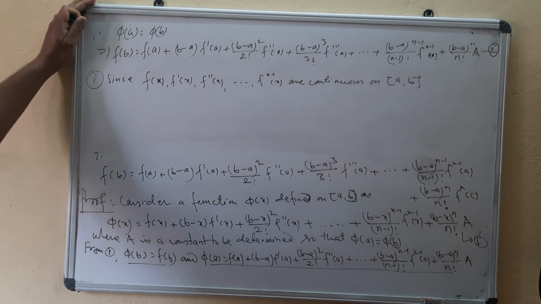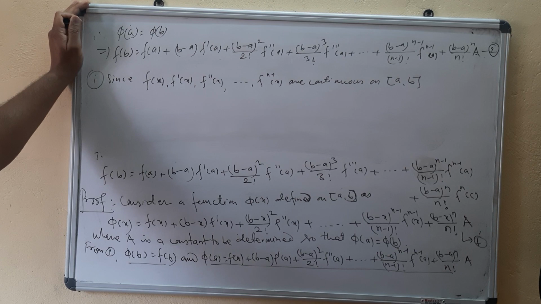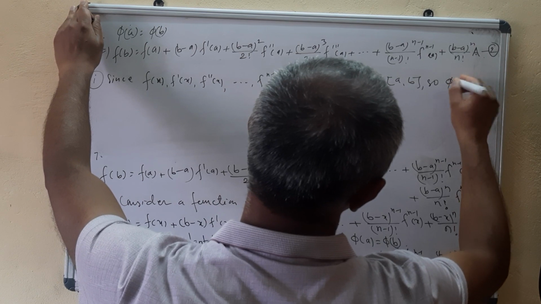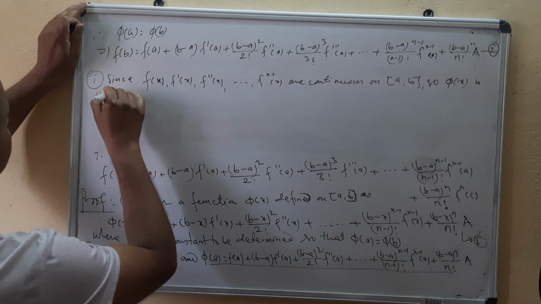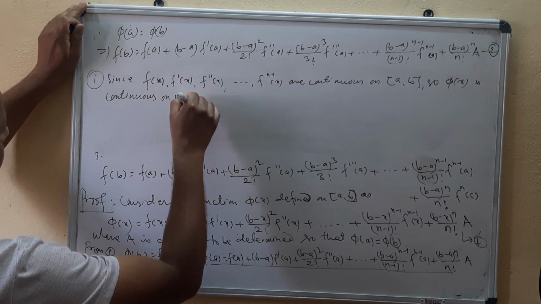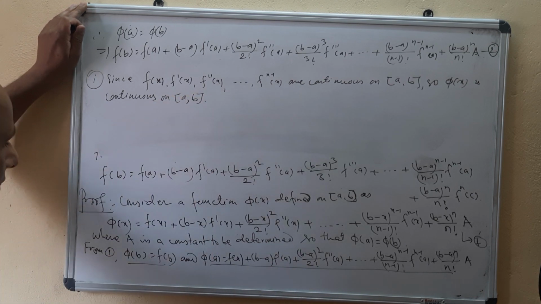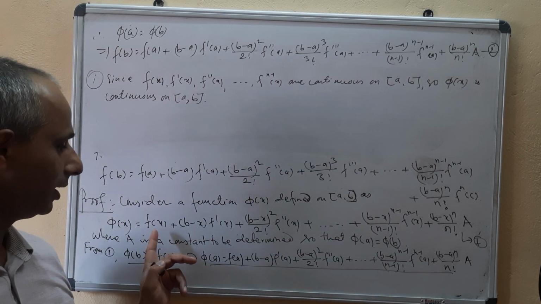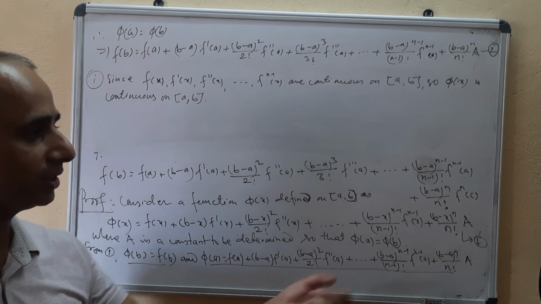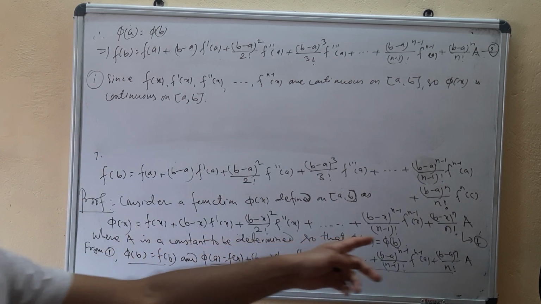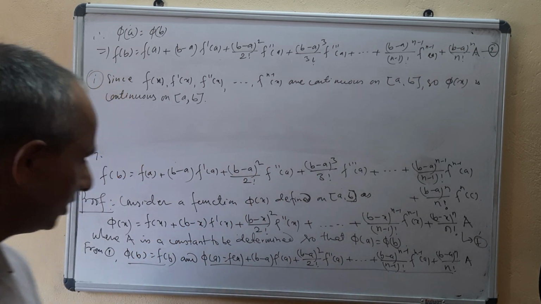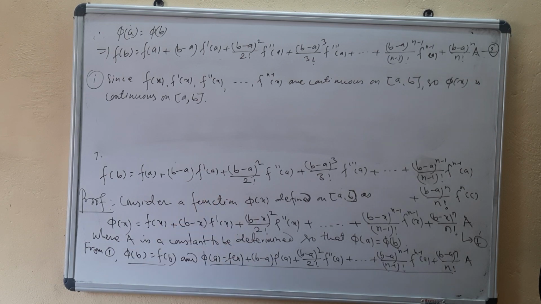So phi(x) is continuous on the closed interval [a, b]. I told you already, phi(x) is defined in terms of f(x) to f^(n-1)(x) and other polynomial functions in (b minus x), which are continuous everywhere. So f(x) to f^(n-1)(x) are already continuous, given by the hypothesis, and polynomial functions are continuous, so phi(x) is also continuous on the closed interval [a, b].